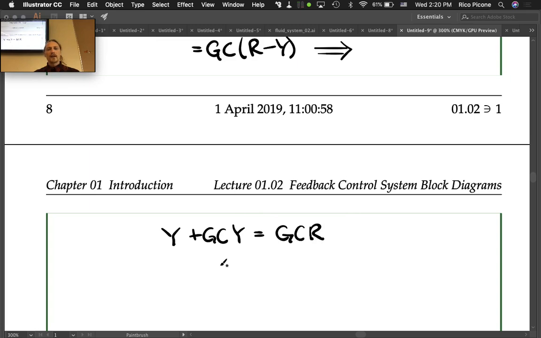We can then factor out Y and divide by what's left when you factor out Y. So Y equals GC, I'm going to move the R out front, divided by 1 plus GC, all of that times R.